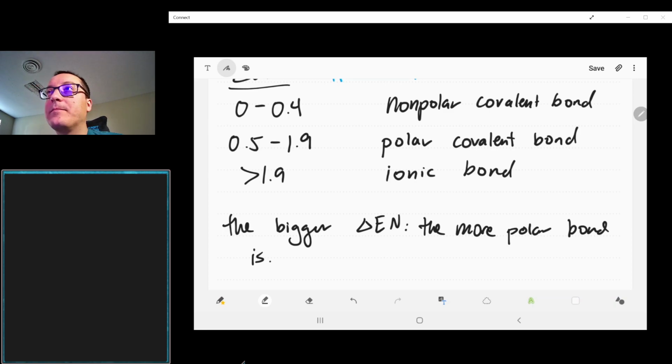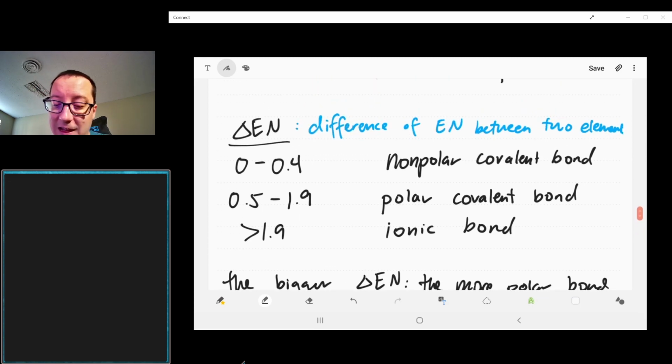So, again, this is a rough idea of how we're going to classify some bonds, but there's no reason that we can't say something with 1.9 would be polar versus ionic. It's a gradual spectrum. There's no, okay, 1.9, now you're officially ionic. That's where we draw these lines, but in reality, it's a continuous thing.